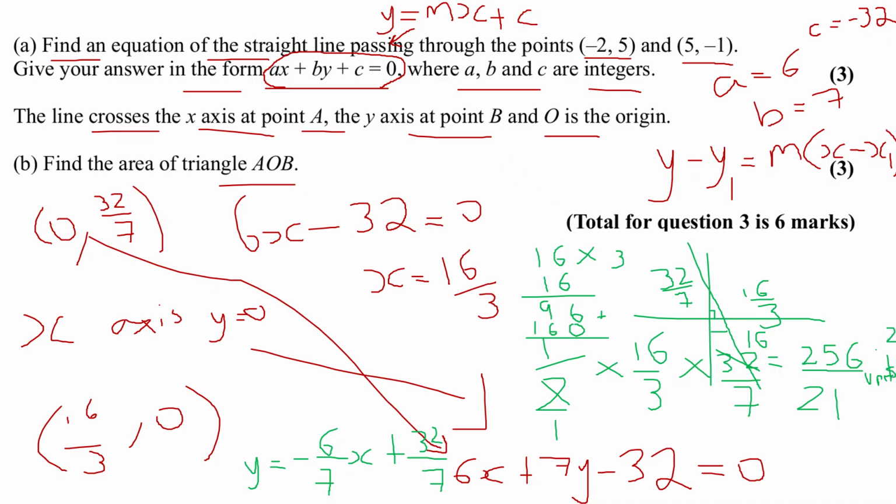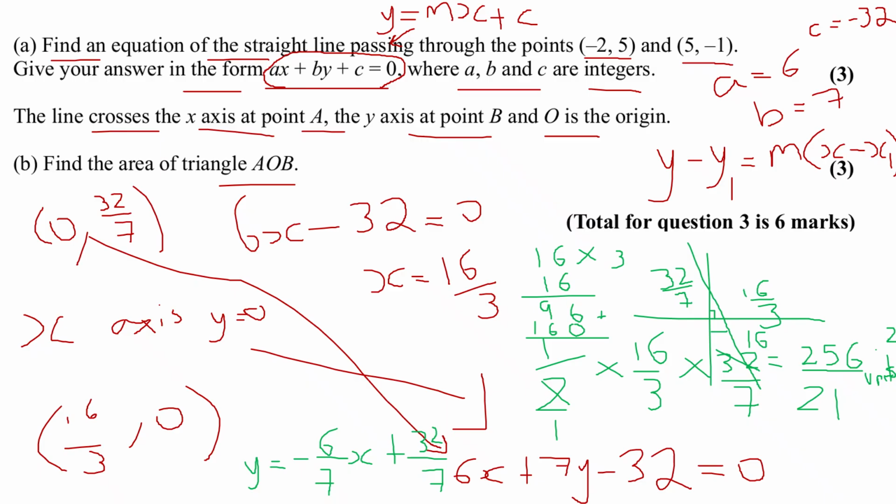And that, guys, is the area of triangle AOB, because it meets at a right angle with the x and y axis, so I can use the formula base times height divided by 2, or a half times base times height. Multiplying fractions, you multiply top by top and bottom by bottom and simplify where possible.